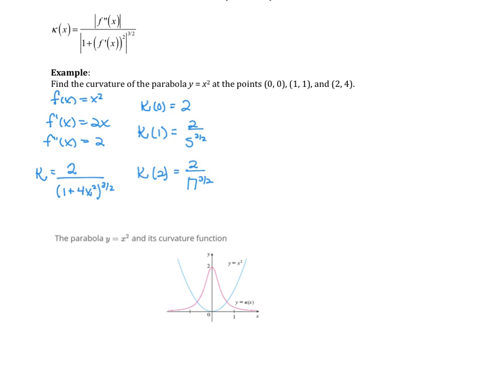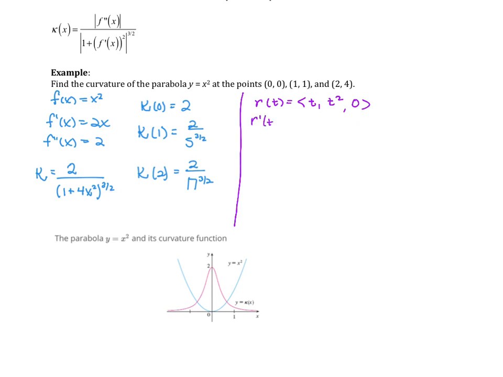Now, I want to go back because we could redo this same problem, and I just want to look at it a different way, in terms of the other formula that we had. So we could rewrite y equals f of x as a vector valued function r of t, where we replace x with the parameter t, giving t, t squared, 0. This vector valued function would be the same curve as f of x equals x squared.